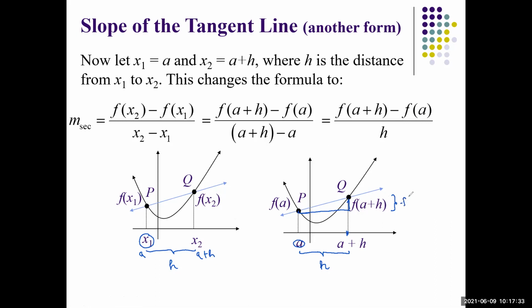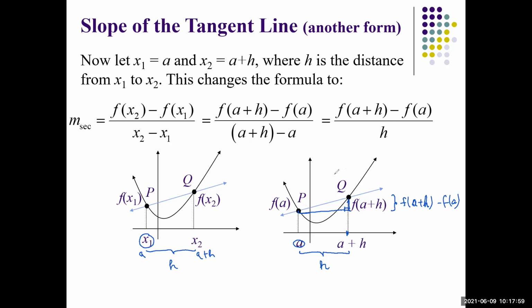That is f of a plus h minus f of a. And you divide it by the run, since slope is rise over run. The horizontal distance between P and Q is just h. So that is just another form of the same formula.